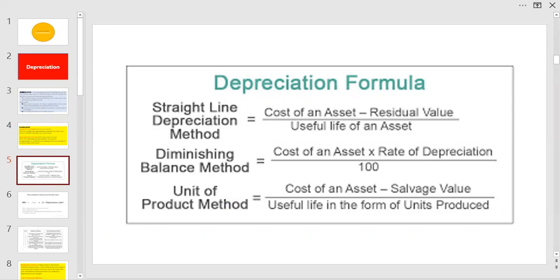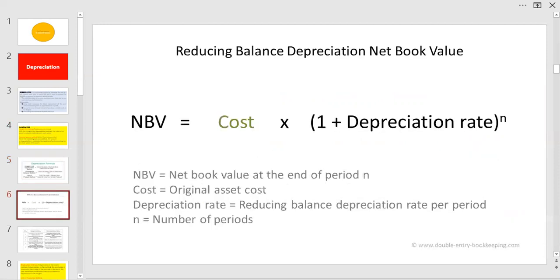The unit of product method is cost of an asset minus salvage value or residual value divided by useful life in the form of units produced. Students may note the reducing balance depreciation formula in mathematical forms.